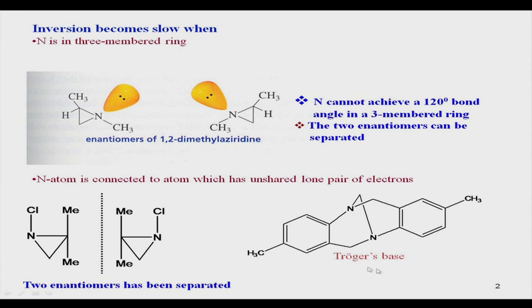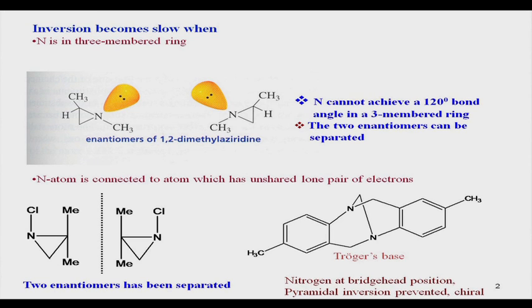These are what are called Troger's base, and in Troger's base, this is one bond, this is the other bond, and this is the third bond, and these 3 bonds, you cannot, there will be a tremendous strain incorporated in the system if you want to bring these 3 atoms in the plane.